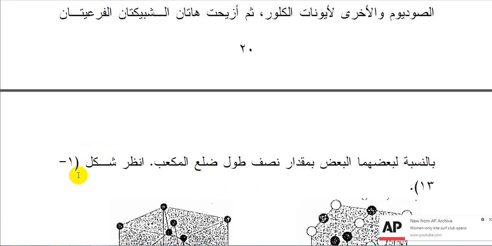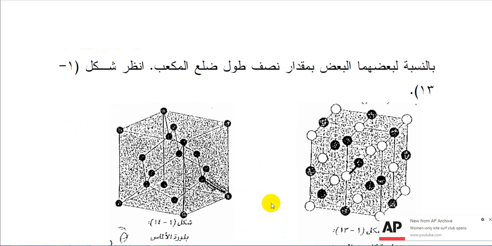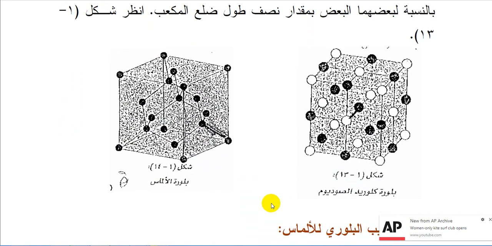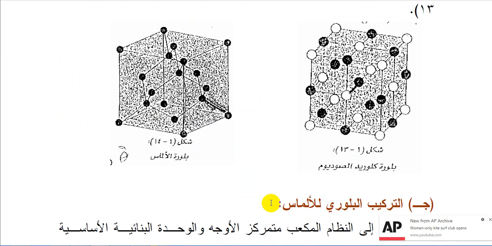Illustrated in figure 1.13, يعني موضح في الشكل 1.13 كما ترون أمامكم هنا. التركيب الذري, the crystal structure of the NaCl crystal lattice system, FCC type. يعني هنا التركيب الذري لوحدة الخلية المكعبة لكلوريد الصوديوم, ملح الطعام, كما هو موضح في الشكل 1.13 من النوع FCC, يعني الخلية المكعبة متمركزة الأوجه.